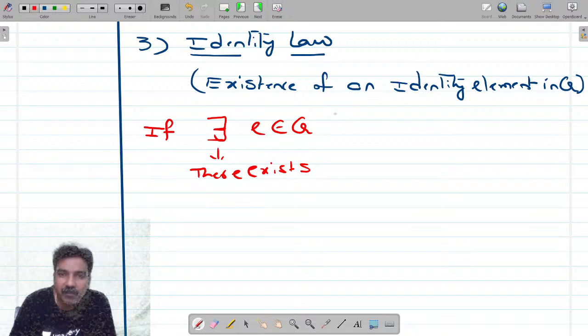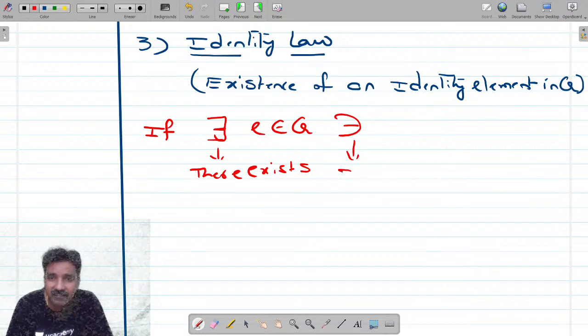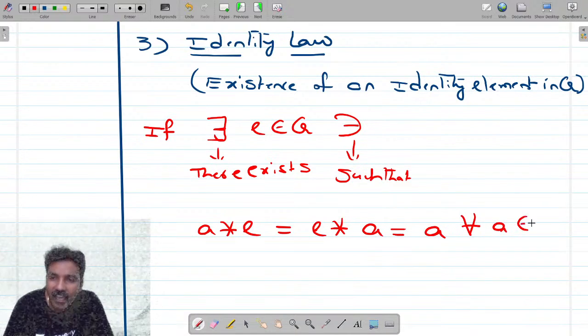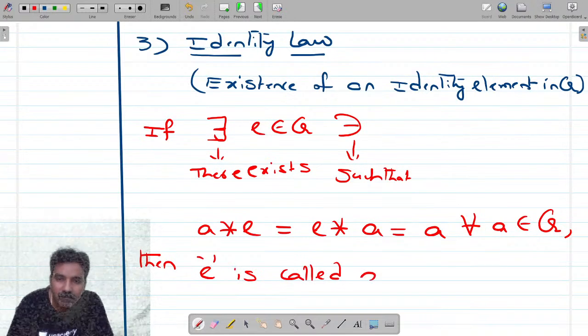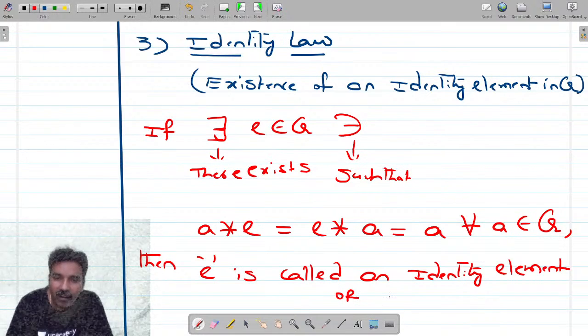You write belongs in the reverse direction, it means such that. If there exists E belongs to G such that A star E equal to E star A equal to A for all A belongs to G, then E is called an identity element of G with respect to star.